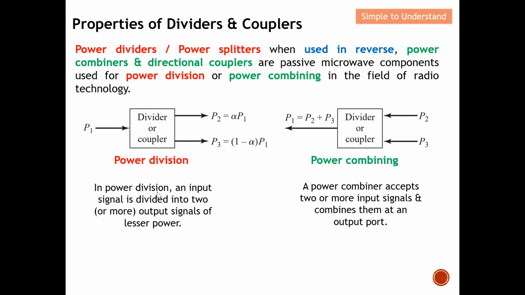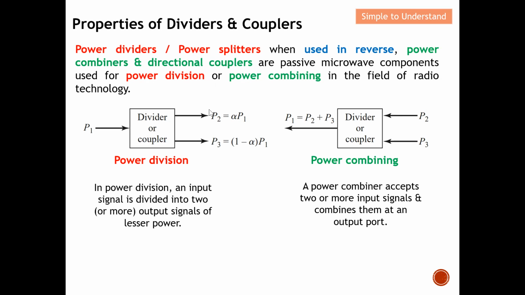Let's take a close look at power division. In power division, an input signal is divided into two or more output signals of lesser power. There can be more than two, at least two. What does lesser power mean? It means that P1 splits the power into P2 and P3.